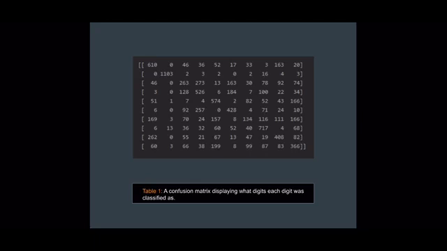Based on this confusion matrix, you can see that 0 was classified as a 0 610 times. 0 was classified as a 1 0 times. 0 was classified as a 2 46 times, and so on. And so as you go to the right, you have 1 was classified as a 0 0 times, 2 was classified as a 0 46 times, and so on.